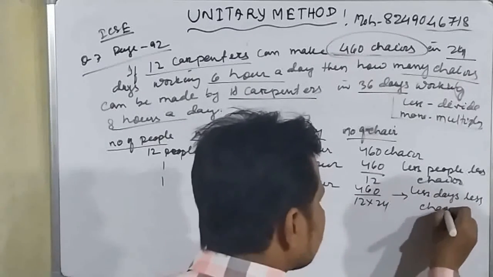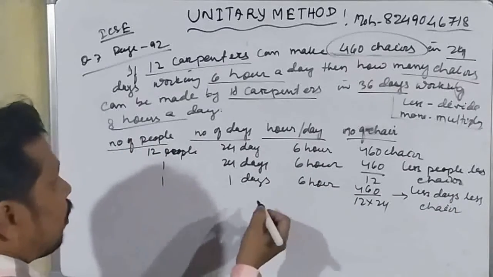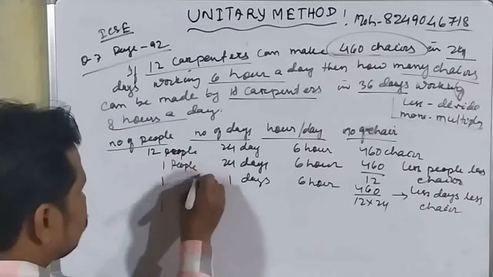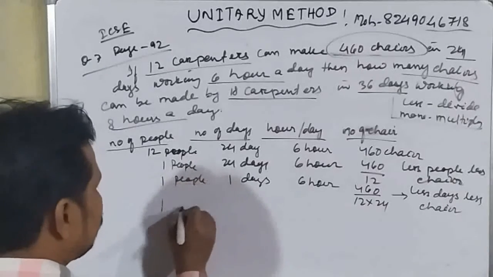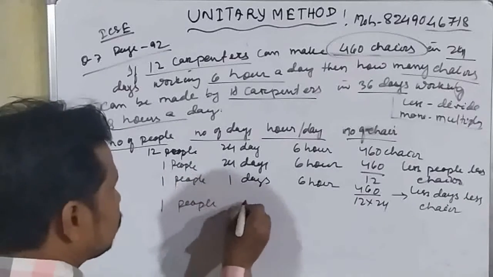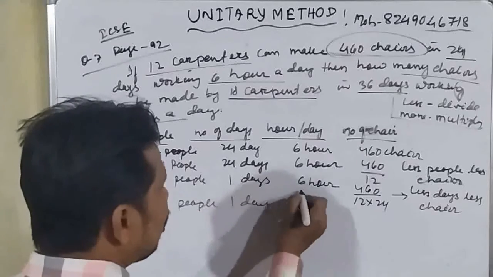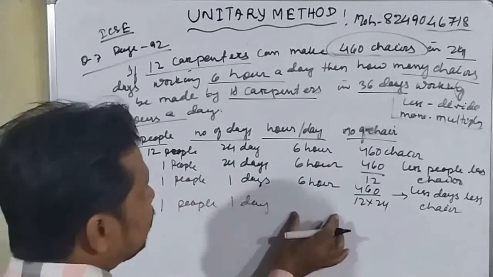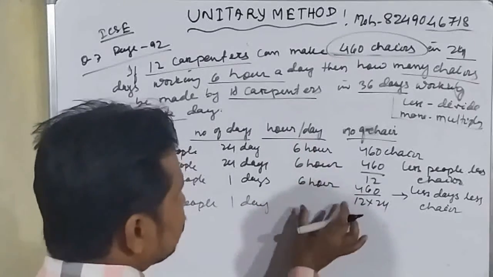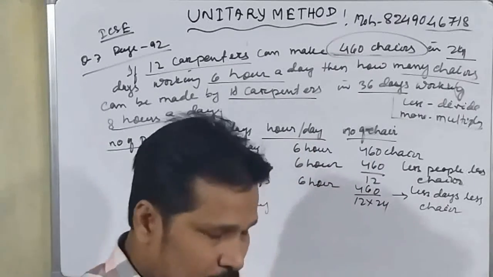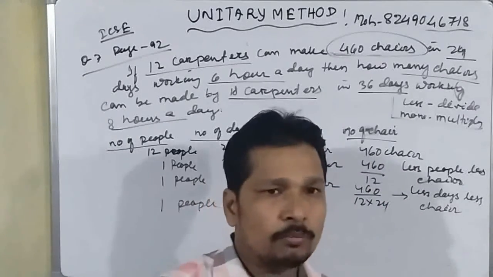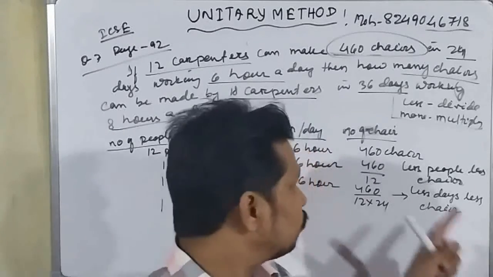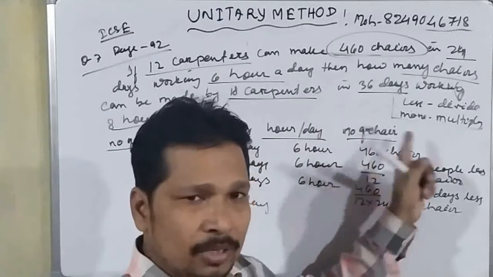Okay student, now again we have 1 people, 1 day. Now we have to compare the hours per day with number of chairs. That means if anybody does more time work, then definitely you will finish more work. Okay student, so more time, more work, less time, less work.